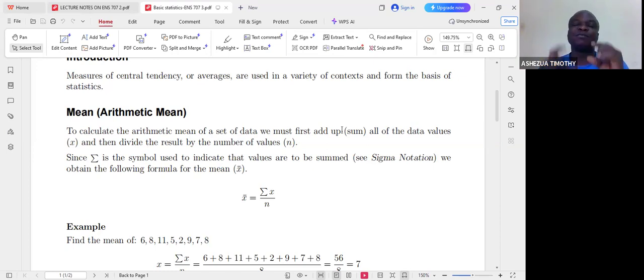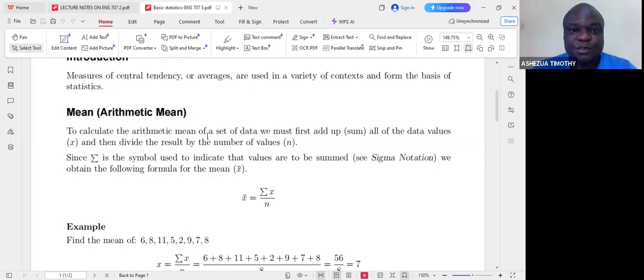While median is the value that appears in the middle of a distribution when you arrange in either ascending or descending order, while the mode is the one that appears most frequently in a set of distribution. The one that appears most frequently is the mode. While range, if you've heard of range, is the difference between the highest score and lowest score in a set of distributions.